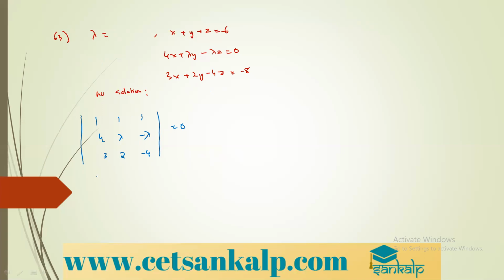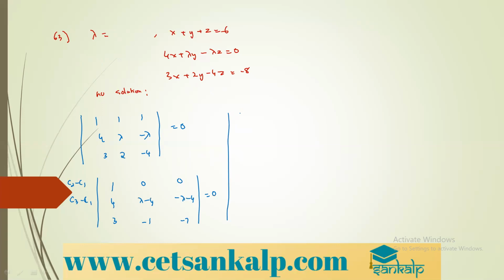I will apply some operations on the determinant. That is, I will take C2 minus C1 and C3 minus C1. So C1 will remain the same. 1, 0, 0 in the first row, lambda minus 4 and minus lambda minus 4 in the second row, and minus 1 and minus 7 in the third row. I'll have it equal to 0.